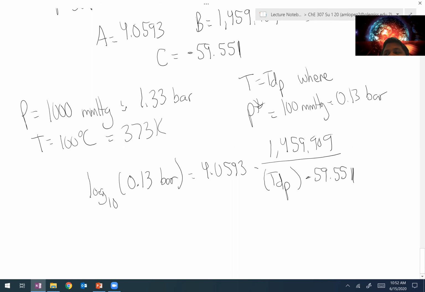And so by using the Antoine's equation, knowing what I want my vapor pressure to be, the saturation pressure, I can solve for my dew point temperature.